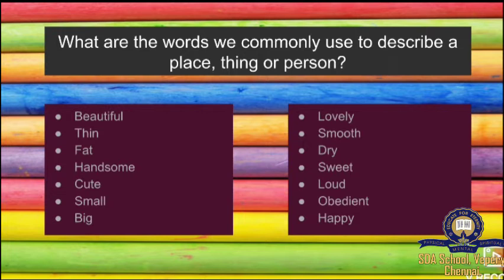You know what we use to describe all these things? To describe a place, thing, or a person, we need an adjective. In some cases, we may fail to describe the person, place, or thing in just one word.